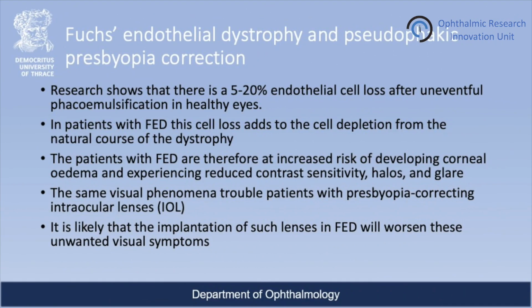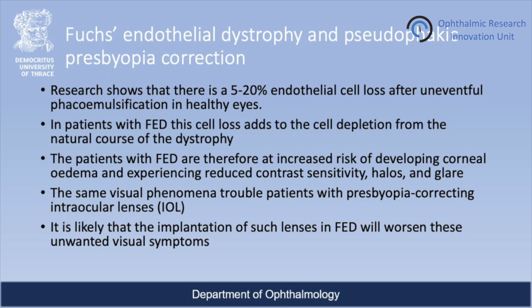Following phacoemulsification surgery, endothelial cell loss is unavoidable. Specifically, research shows that there is a 5 to 20% endothelial cell loss after uneventful phacoemulsification in healthy eyes. In patients with Fuchs' endothelial dystrophy, this cell loss adds to the cell depletion from the natural course of the dystrophy.